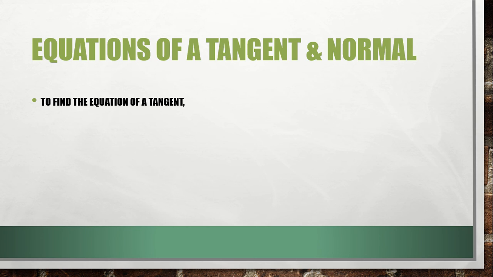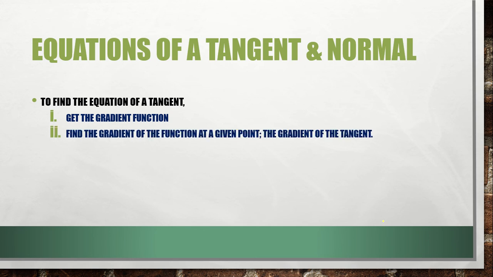Something you need to note before we continue is a guide on how to get the gradients. To find the equation of a tangent, first start by getting the gradient function. Number 2, find the gradient of the function at a given point, which means you need to find the gradient of the tangent. Number 3, find the coordinates at that given point, if not given.